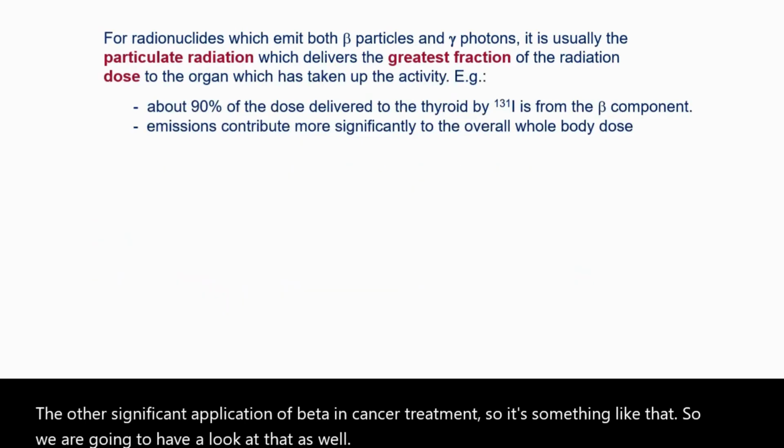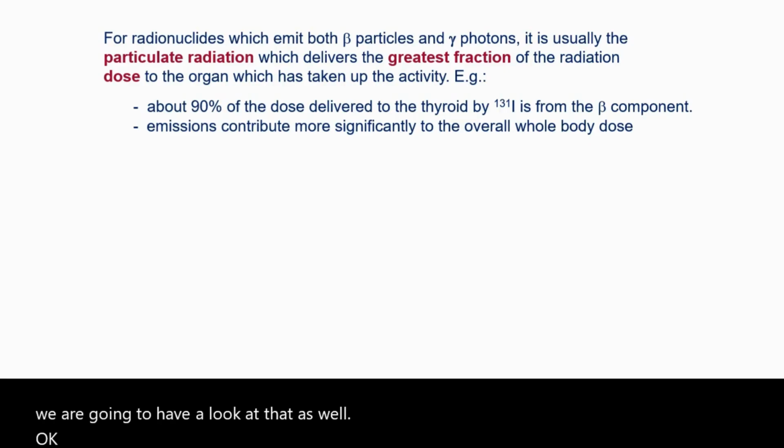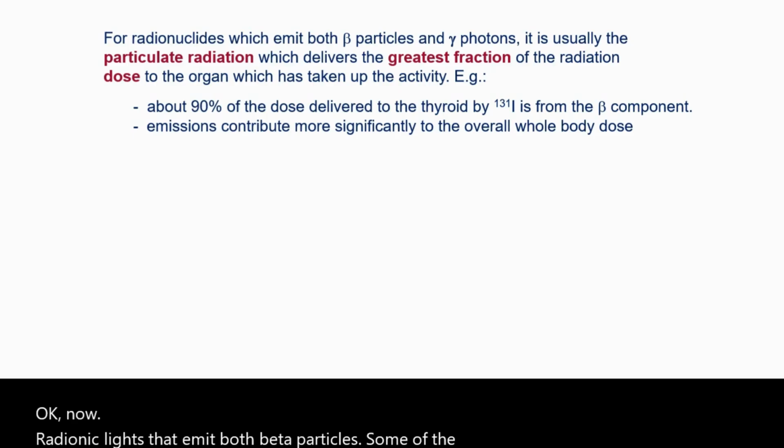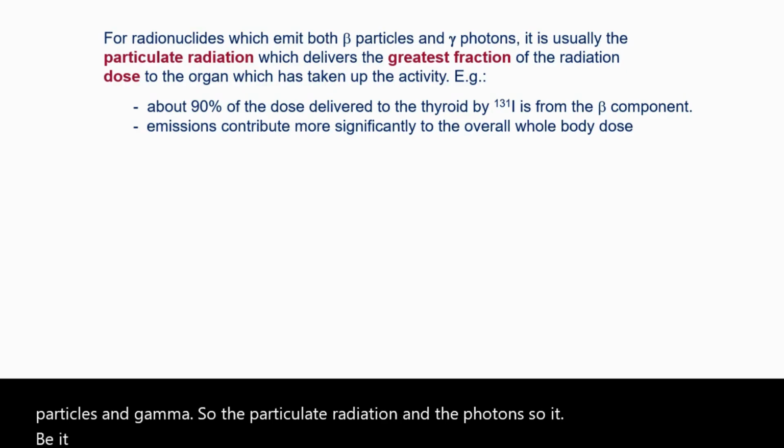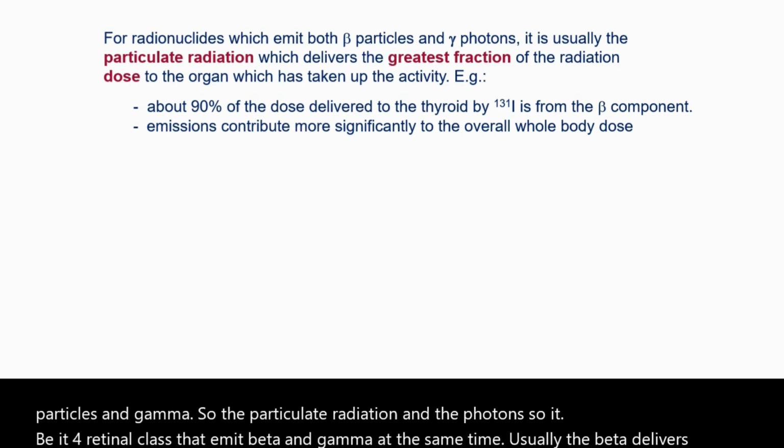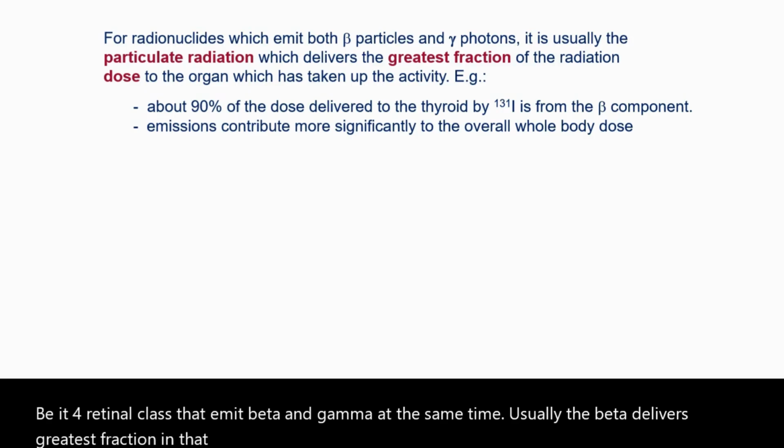Okay, now some of the radionuclides emit both beta particles and gamma, so the particulate radiation and the photons. For radionuclides that emit beta and gamma at the same time, usually the beta delivers the greatest fraction of that emission compared to the photons.